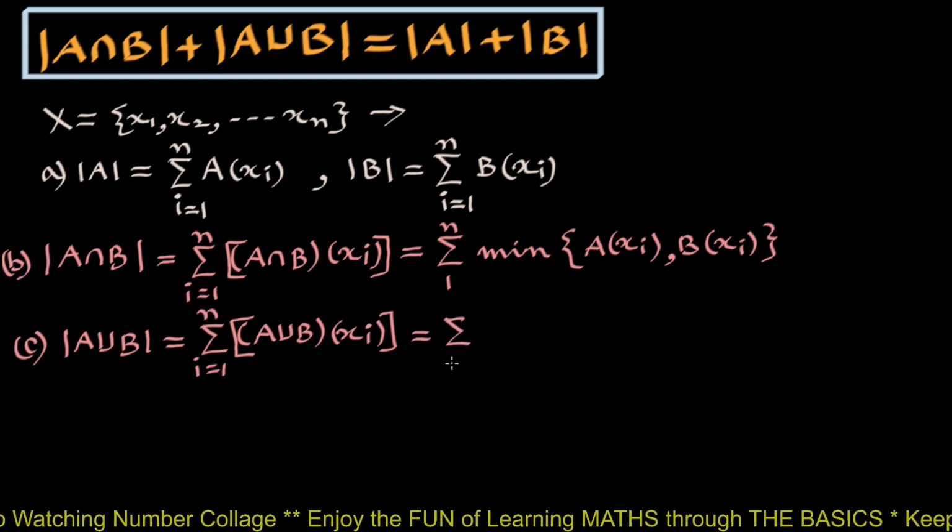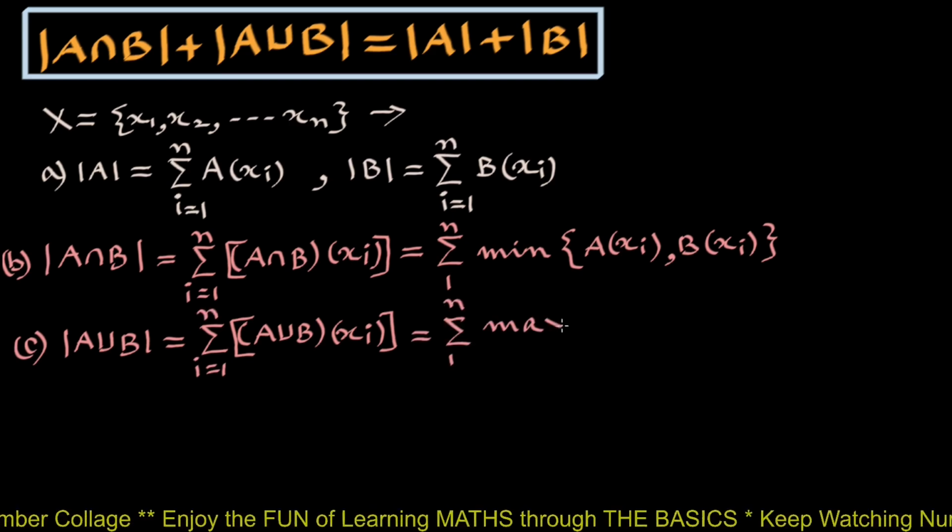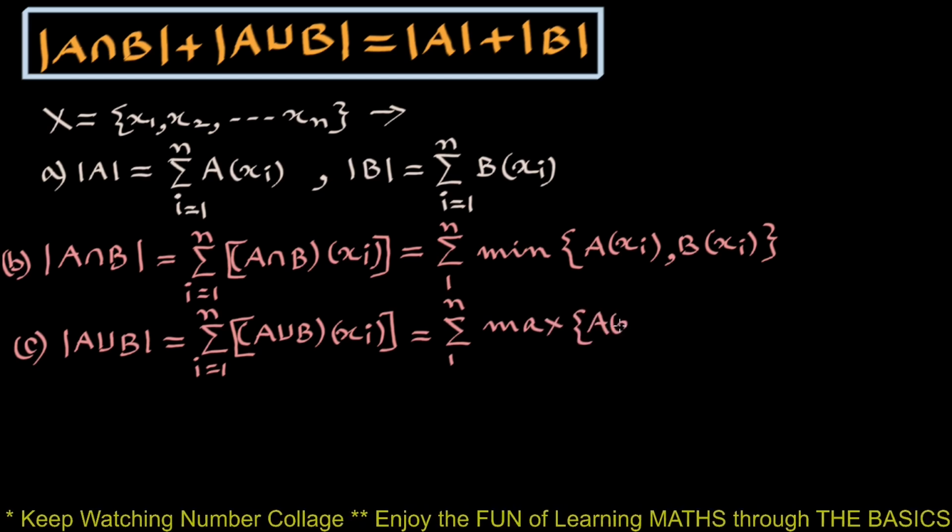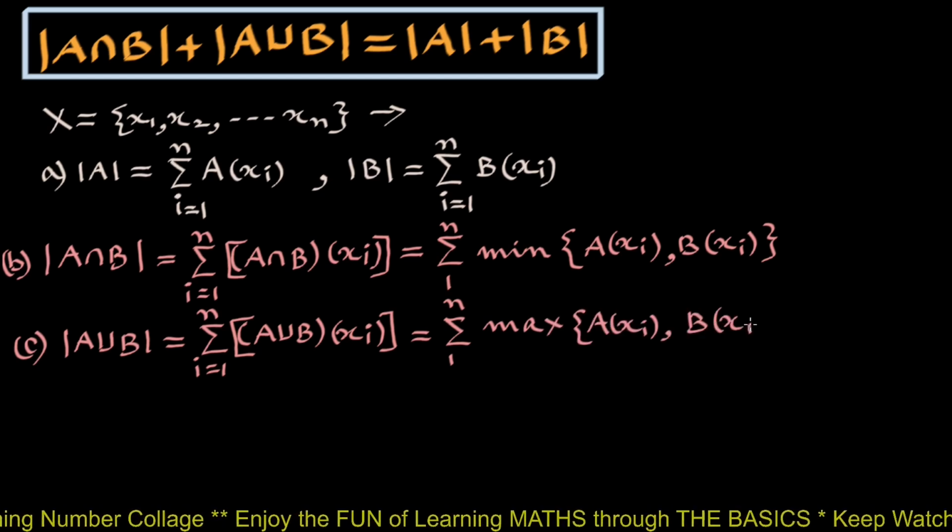where i runs from 1 to n, which we know is summation from 1 to n of maximum of A of xi and B of xi.